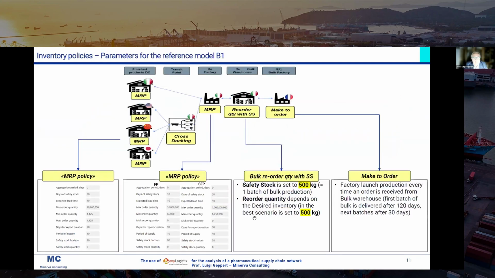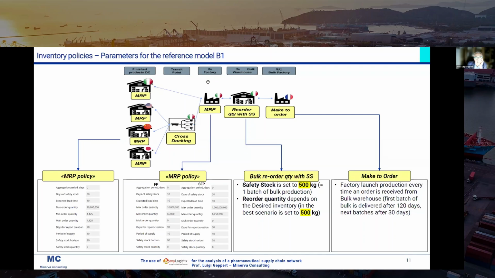And this is an important part, in terms of inventory policies, so stock policies in general, the bulk is ordered through a make-to-order approach. The reorder of the bulk from the Italian company is based on a reorder quantity with safety stock.